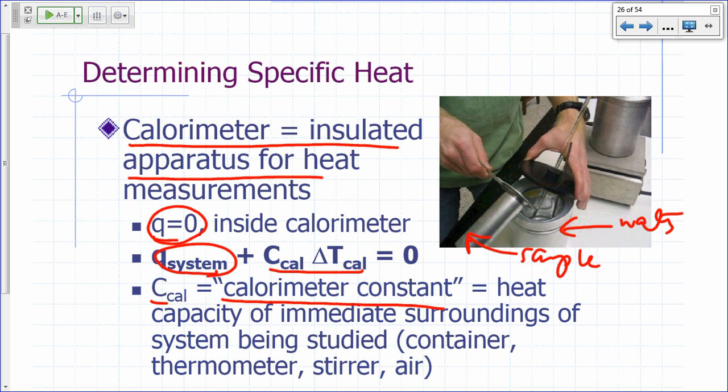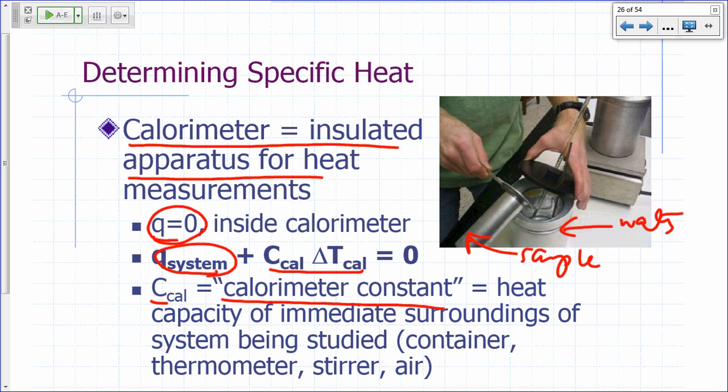You mix two things, but you're not really just having those two things in there. In addition to the two things that you're mixing, you've got the immediate surroundings, which would be the air above your sample, the walls of the calorimeter, a thermometer, and a stirrer that you use to mix the two things together.